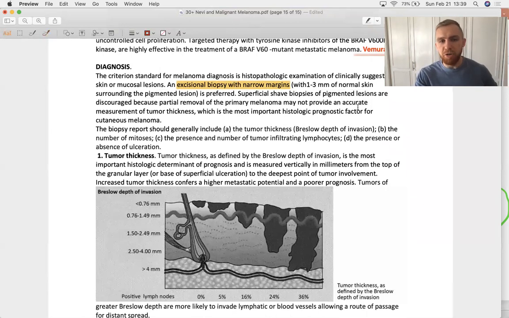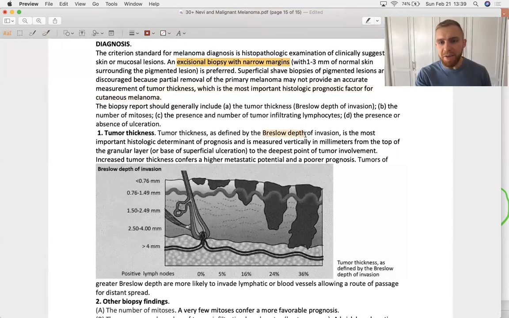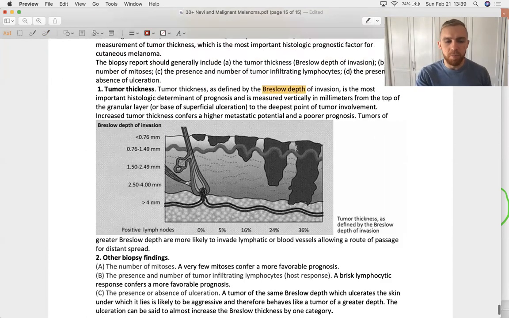Superficial shave biopsies are discouraged because partial removal of the primary melanoma may not provide an accurate measurement of tumor thickness, which is the most important prognostic factor for cutaneous melanomas. Repeat, tumor thickness is the most important prognostic factor for cutaneous melanomas, and we call that the Breslow depth of invasion.